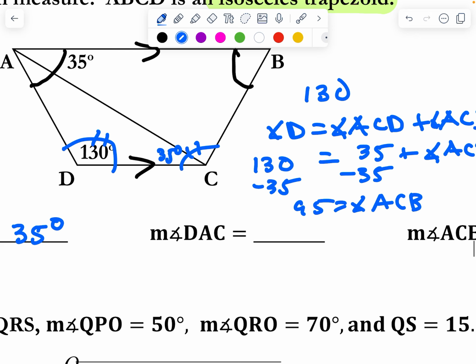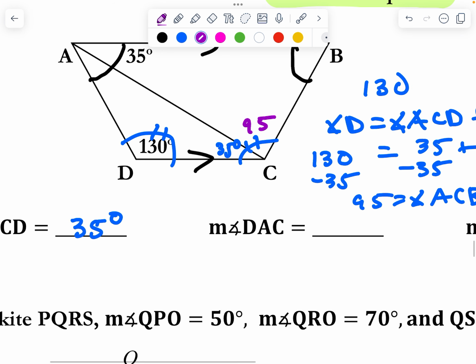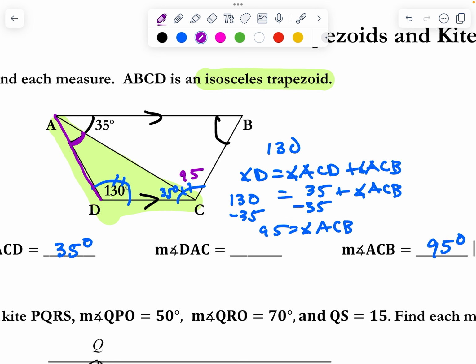But how am I going to find the rest? Well, I found that this is 95. I found that ACD is 35. Now I've got a triangle here, and all that's left to find in this triangle is this angle right here. I can do that because, like I stated, this is a triangle, and all triangles' interior angles have to add up to 180.